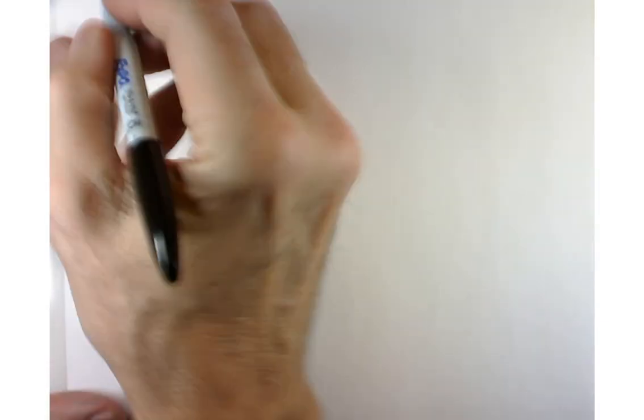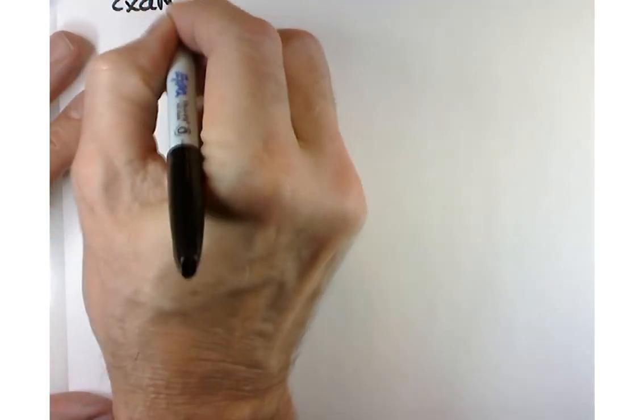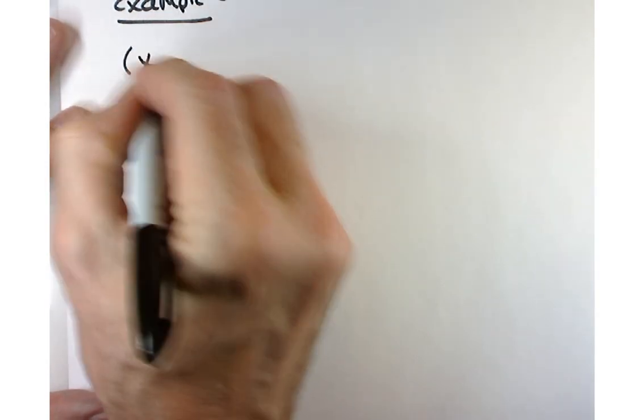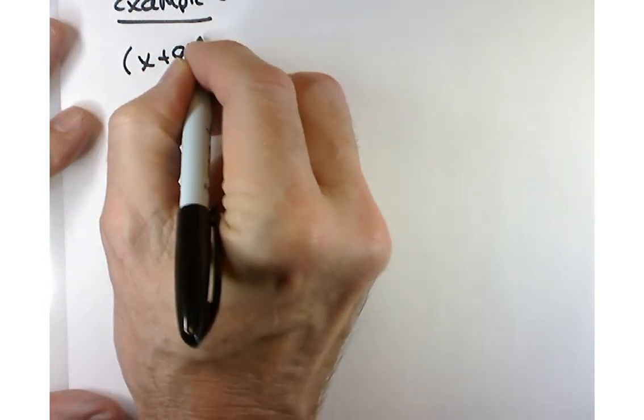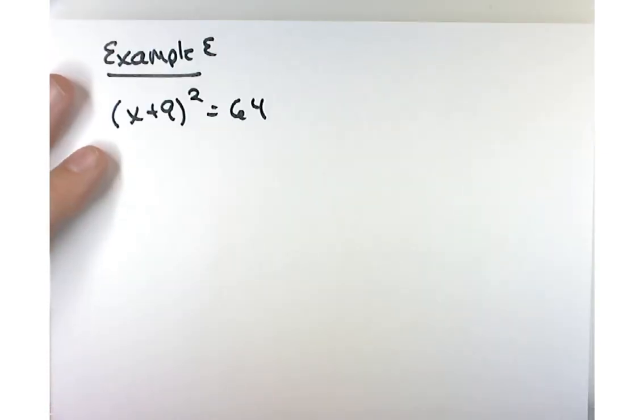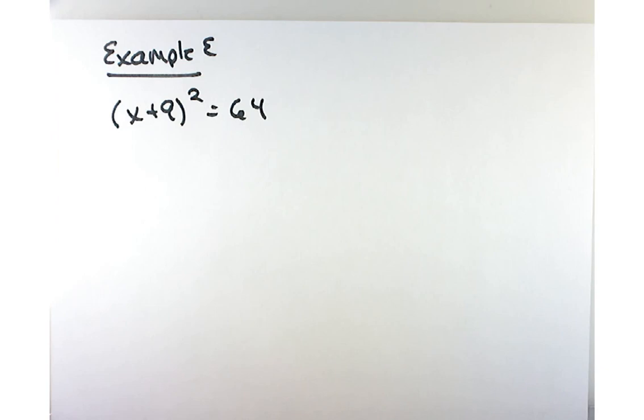Let's call this one example E. What if I had x plus 9 squared equals 64? What would you do on that one? Yeah, take the square root on both sides.